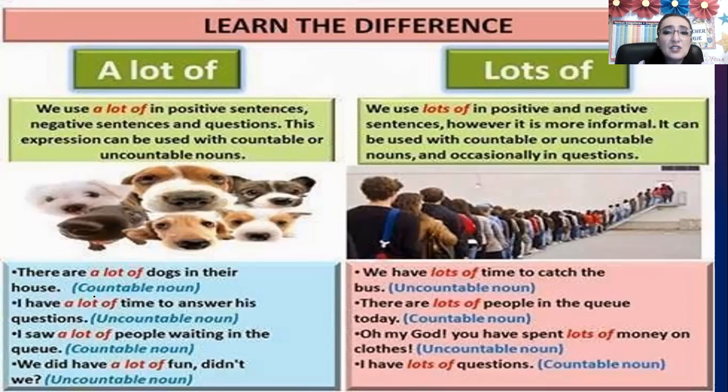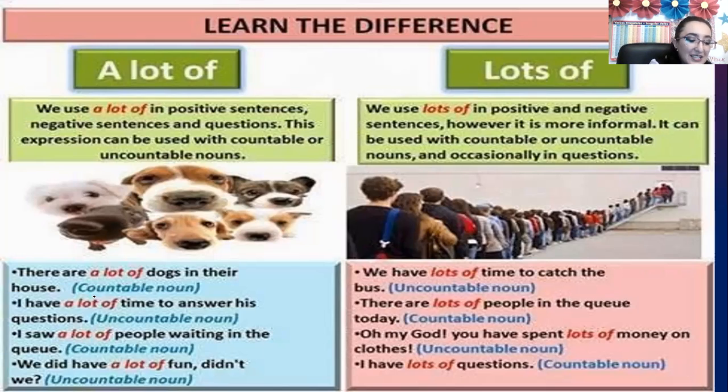And lots of is going to be used with positive sentences. However, it is more informal. Lots of is going to be a kind of more informal. It can be used with countables or uncountables and occasionally in questions. Did you see? We are scratching these meanings because at the beginning we used to say, oh, they are the same.